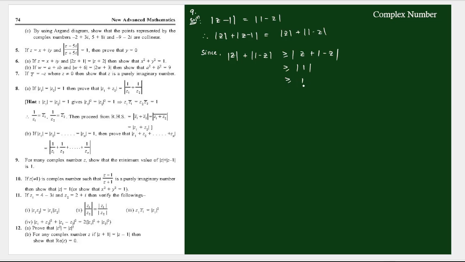That means the minimum is 1, it can be greater than 1. So write down, hence the minimum value of modulus z plus modulus z minus 1 is 1.